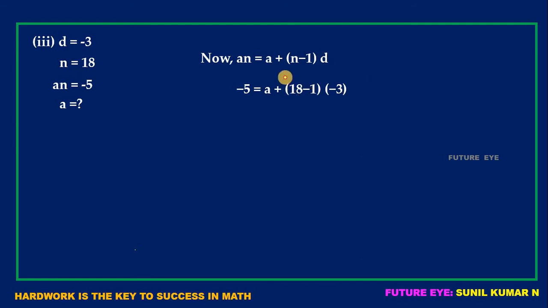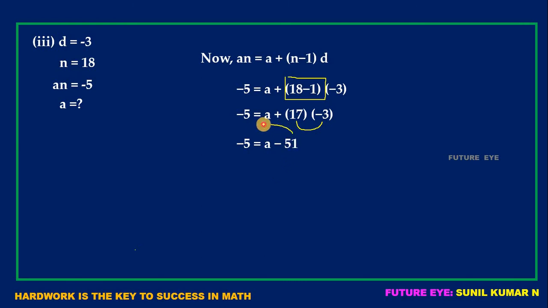As we said earlier, let us simplify this one. 18 minus 1 is 17. So the remaining, write it as it is. Now multiply this one, children. 17 into minus 3. So plus into minus is minus. 17 threes are 51. It means we will get minus 51.